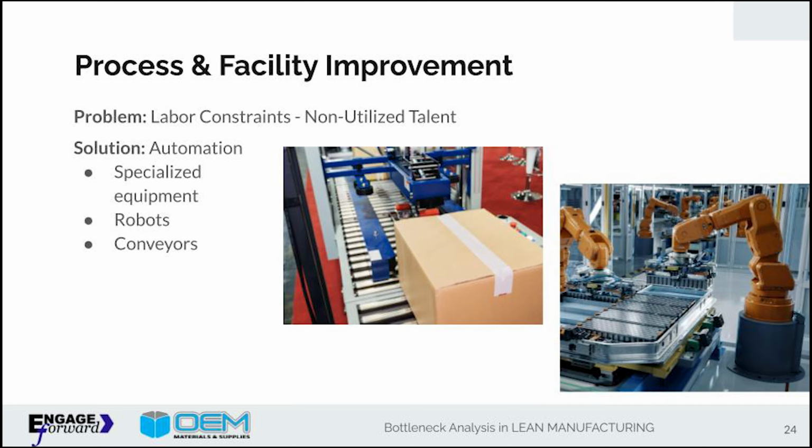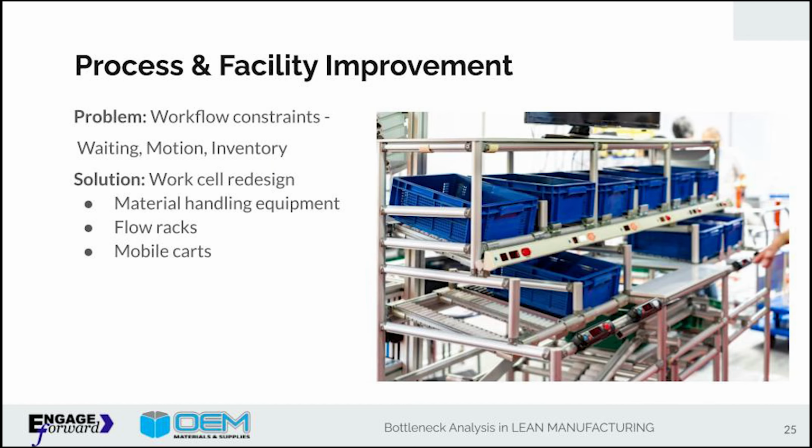So for the people you do have, to remove them from mundane routines and let them work on more complex problems, you can automate simple functions. Like the picture on the left is a taping machine. The picture on the right is a robotic arm, and they're lifting up lithium batteries, which are really heavy and fragile.